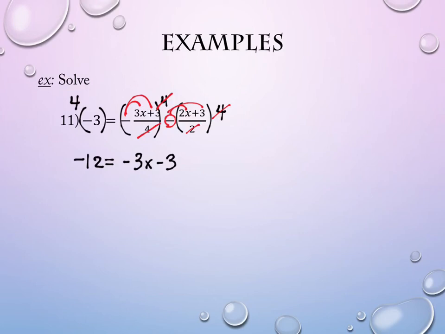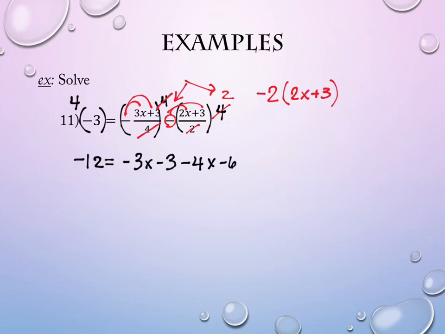It's 2. I have a 2 left. So there's a negative distributing through, and a 2 distributing through. Both of them. If it helps you to think of it, you're doing it like this. There's a negative and a 2 going through. So negative 2 times 2x is negative 4x, and then negative 2 times 3 is negative 6.